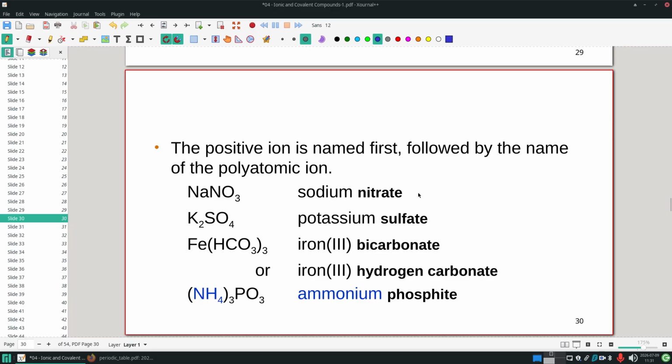Now something interesting, you notice how these suffix names are just what those polyatomic ions are called? Before, when we did sodium with Cl, we said sodium chloride. We changed that suffix to that IDE. Well, we're not changing any rules, we're just pointing out that when it's a polyatomic ion, we name the polyatomic ion what it is.